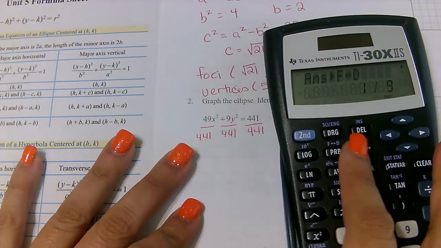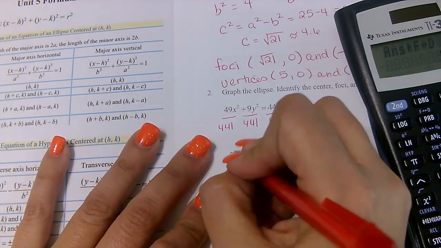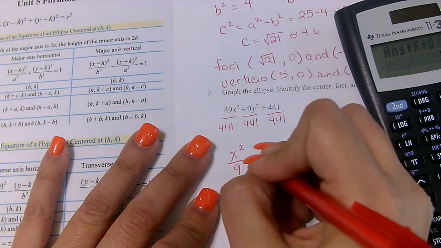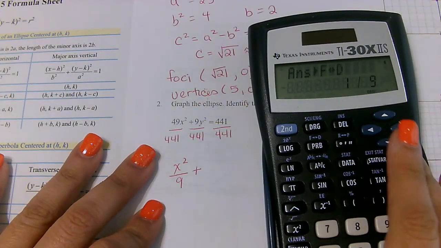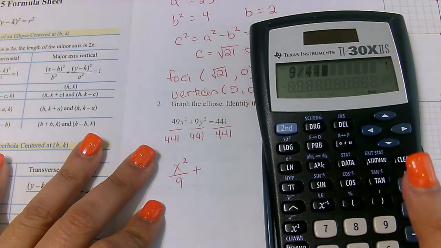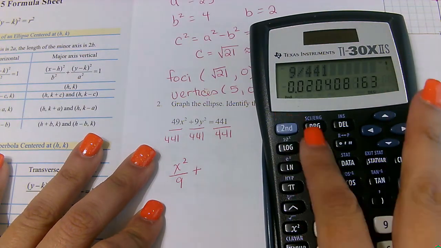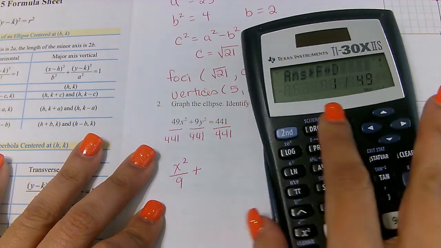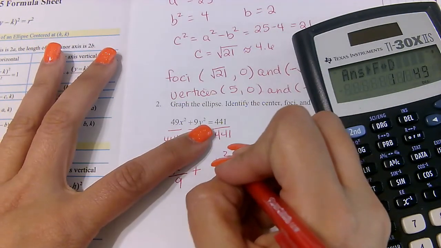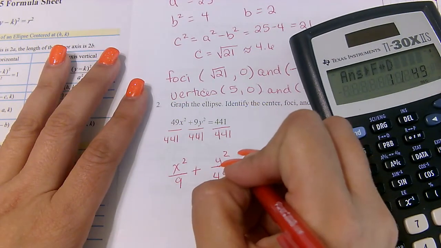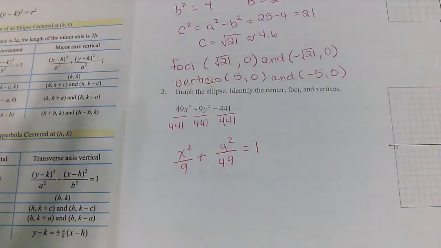So this is going to be x squared over 9 plus, and then now I'm going to do 9 divided by 441. Turn it back into a fraction, and I get 1 over 49. Don't forget the y squared, so I'm going to have y squared over 49 is equal to 1.